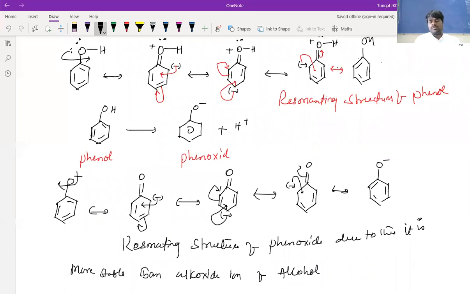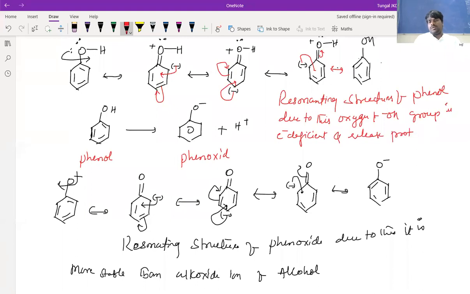These are the resonating structures of phenol. Due to this, the oxygen of the OH group is more electron deficient and releases the proton faster. Due to these two reasons.